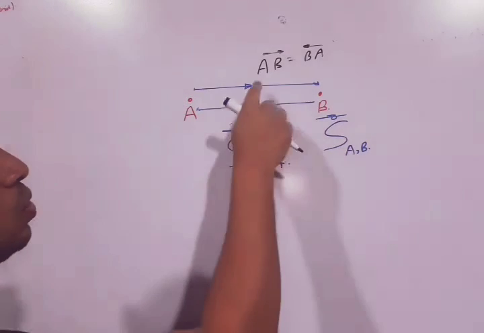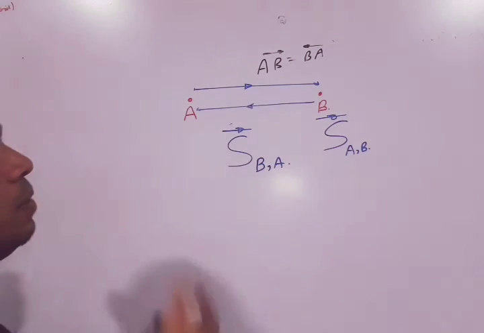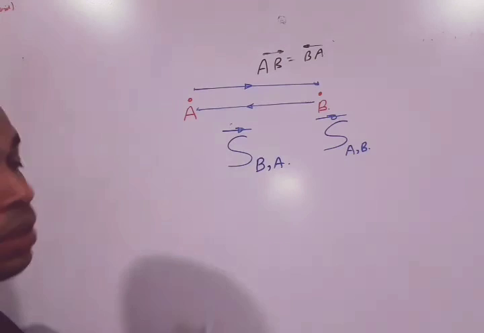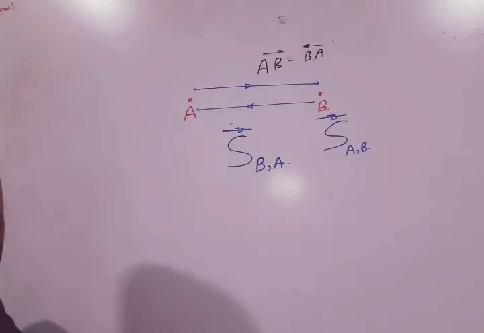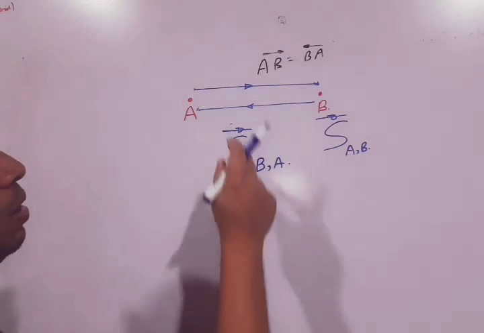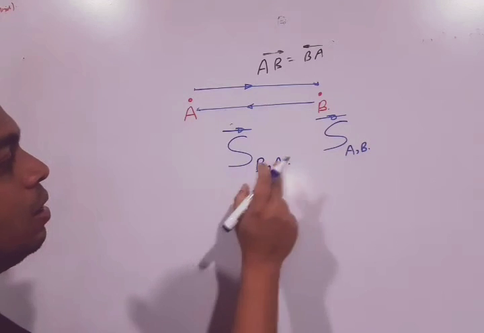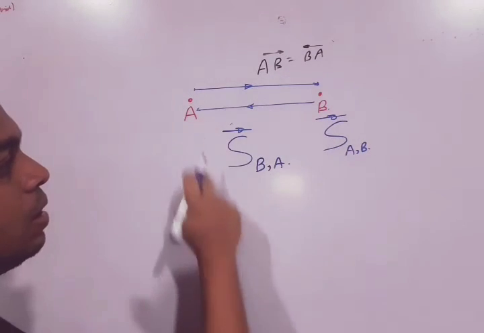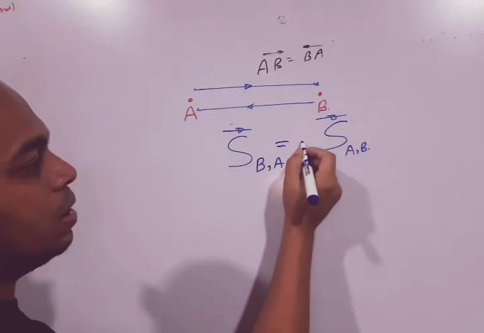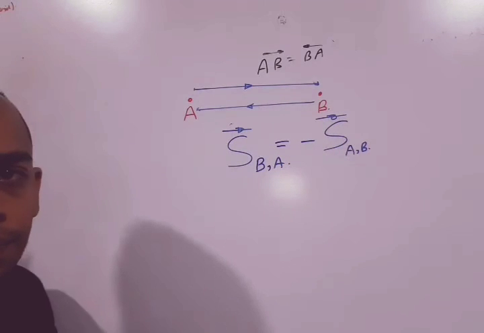So these two are vectors equal in magnitude but different in direction. So you know that the relationship would be this vector is equal to the negative of this vector.